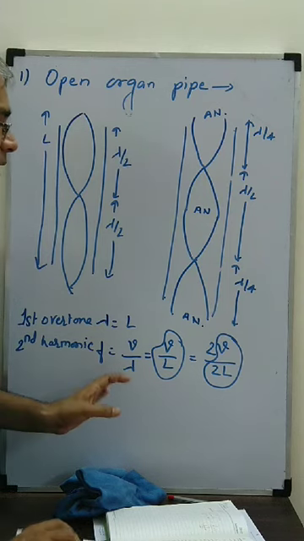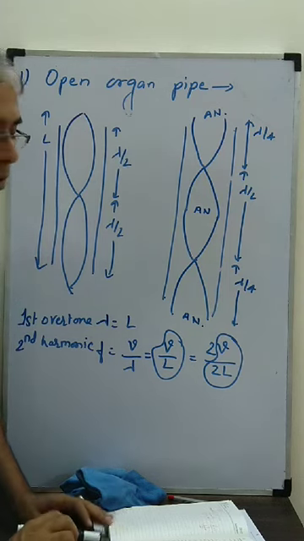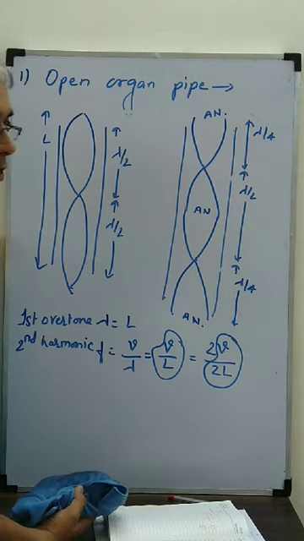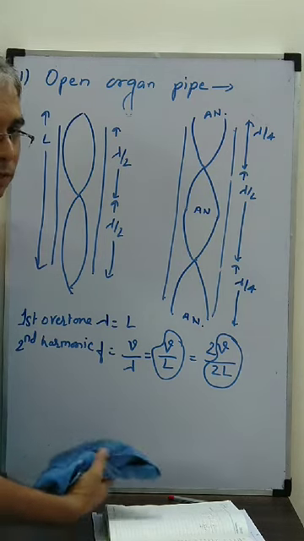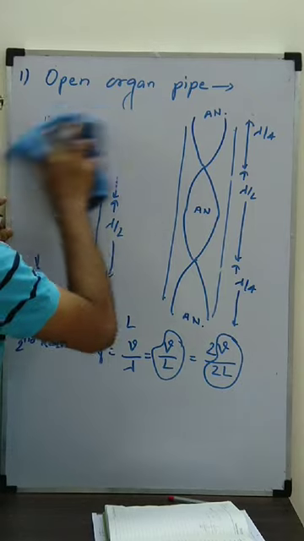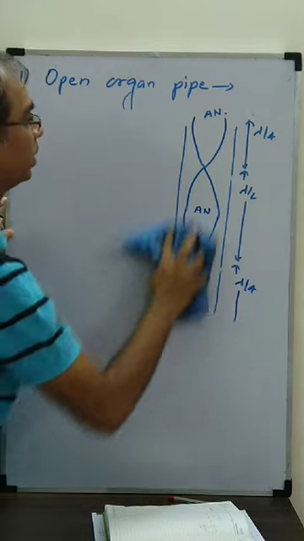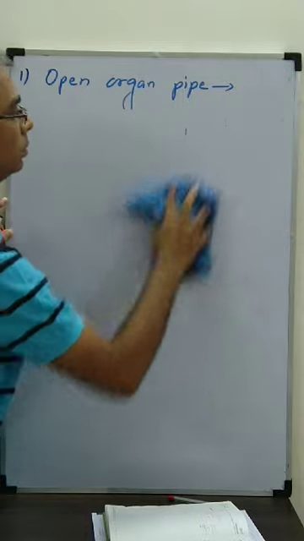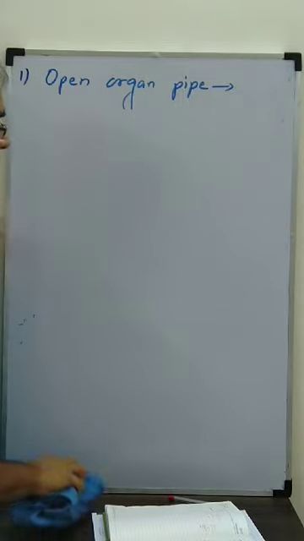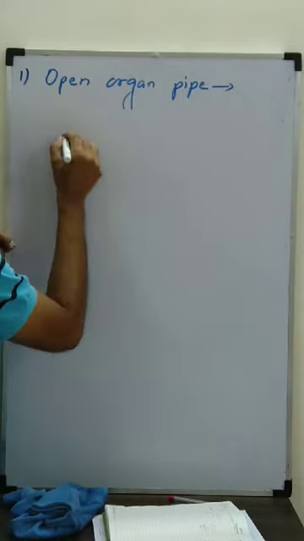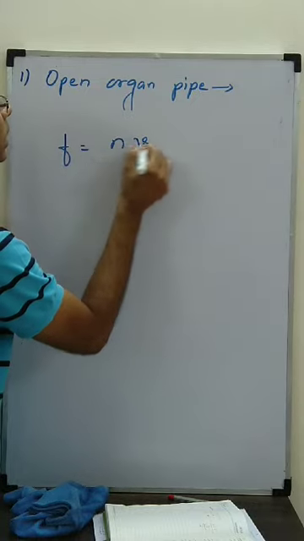Now you must have understood what we are going to get over here. Next will be 3V by 2L, then 4V by 2L, then 5V by 2L. So normal mode frequencies for open organ pipe are nV by 2L.